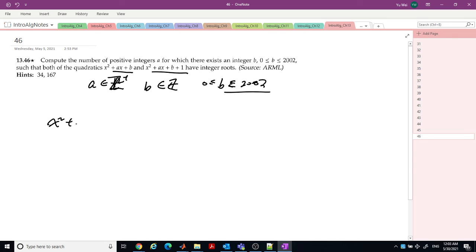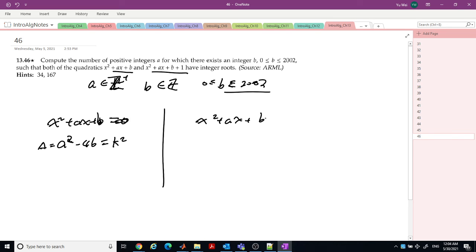So x squared plus ax plus b equals 0, right? If it has integer roots, it means the delta, a squared minus 4b, is a k squared. Now the other one, x squared plus ax plus b plus 1, also has delta a squared minus 4 times (b plus 1), which is also a square.